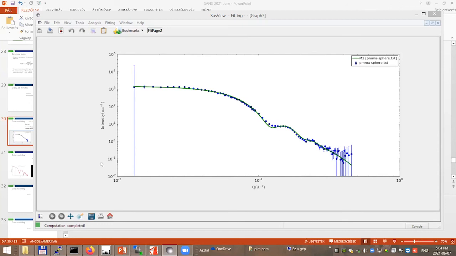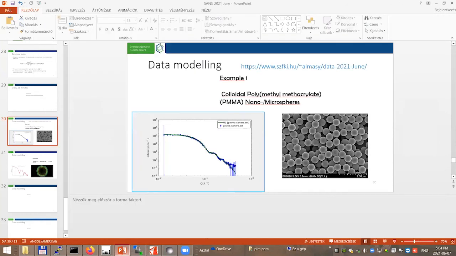But what we usually know for these systems is that they are made by a chemical synthesis, and the chemical synthesis usually produces a size distribution which is theoretically either a Gaussian one, which means symmetric, or a log-normal one, which is nearly symmetric, at least for these big sizes.